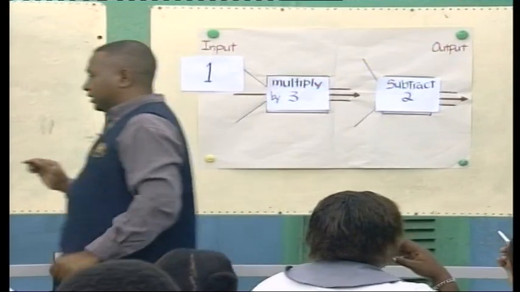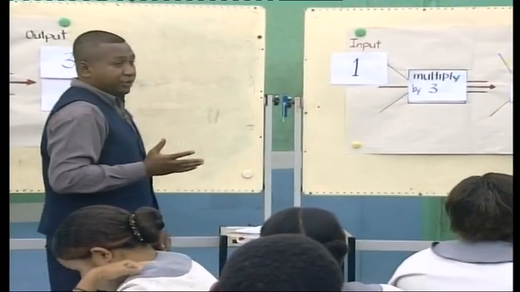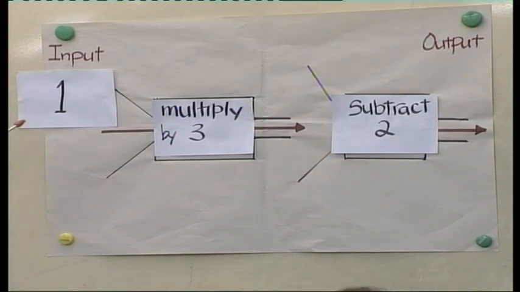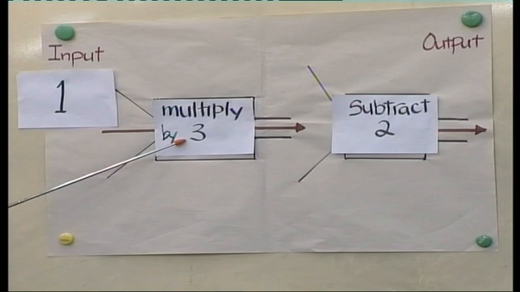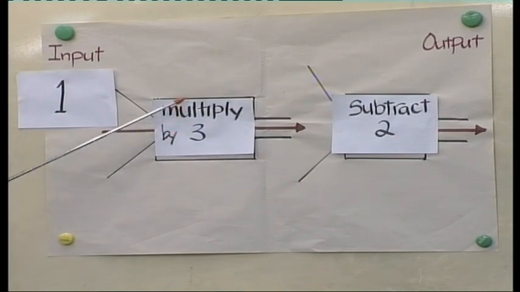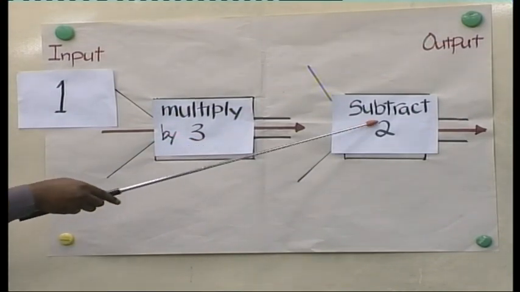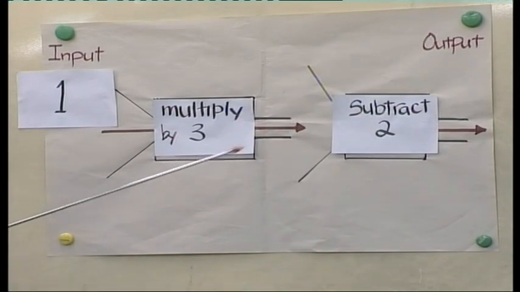Have a look at what is in the machines now. There are 2 machines. The input, I've got 1. And in the first machine, the mixer here says, multiply by 3. Okay? Multiply by 3. And then in the next machine, it says subtract by 2.